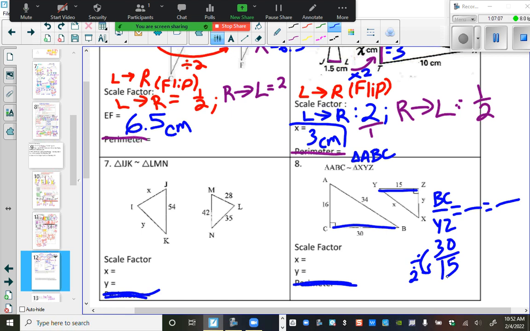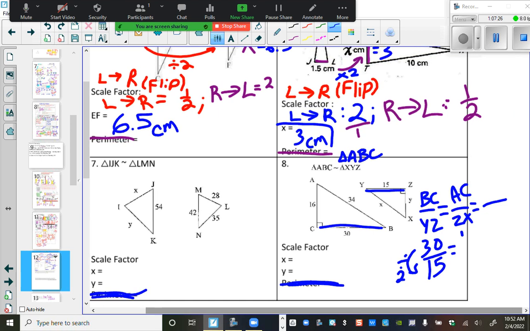AC? Okay, what's AC going to correspond to? ZX. All right, XZ, I'll take that. AC was how much? 16. Now, do we know what X is yet? Or Y is rather?